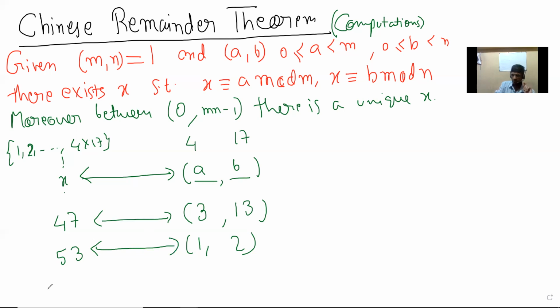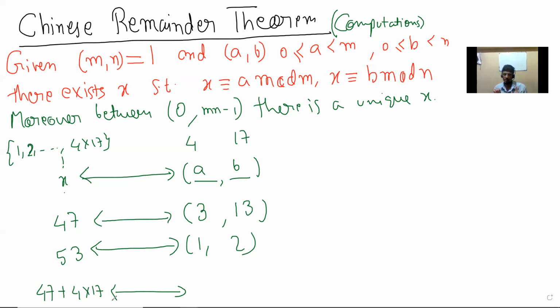If I extend for a second and consider 47 plus 4 into 17, is this any different from 47? Exactly. As long as we are only interested in the remainders, 47 plus 4 times 17 is the same as 47.